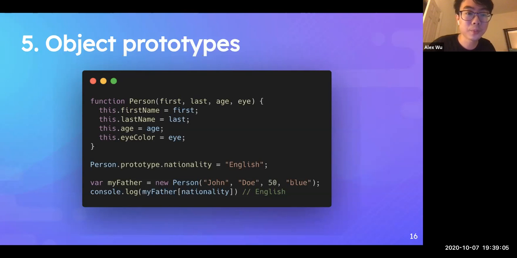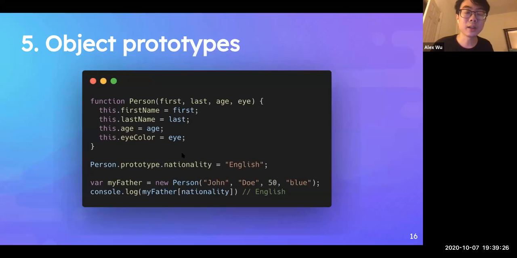So what we can do is use the dot prototype property: Person.prototype.nationality equals English. This way you add the nationality property to the person blueprint of all the person objects.